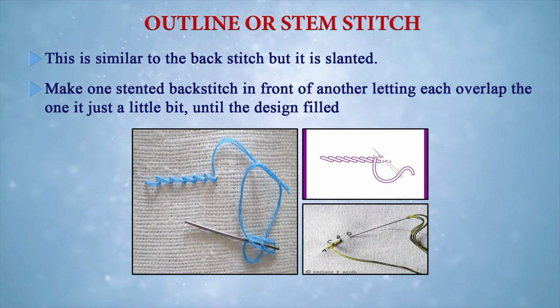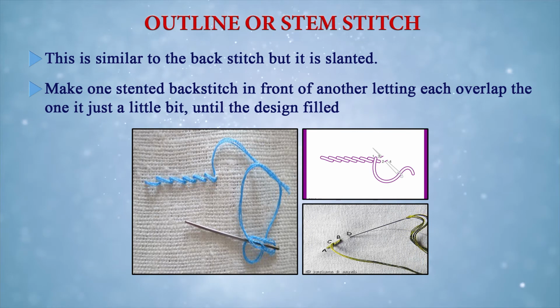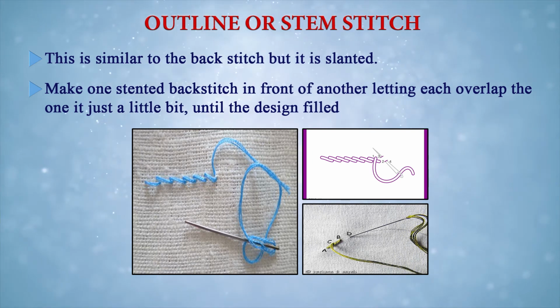As you can see in the picture, it is just like a back stitch we did, but the back stitch was in a straight line, and when we go for the stem stitch, it is a little slanted, not in a straight position on the fabric. By overlapping on the first stitch we have done, we create a stem stitch.